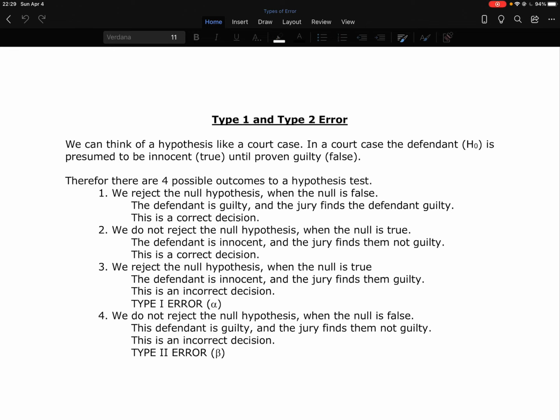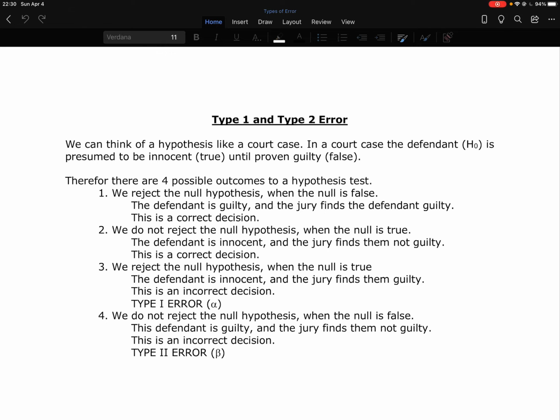Another thing to remember about these types of errors and all of these things is if I decrease the probability of a type 1 error, I increase the probability of a type 2 error. So I also have to weigh, all right, is it better for me to have a guilty person on the streets or an innocent person in jail?